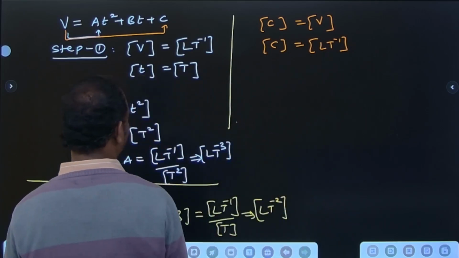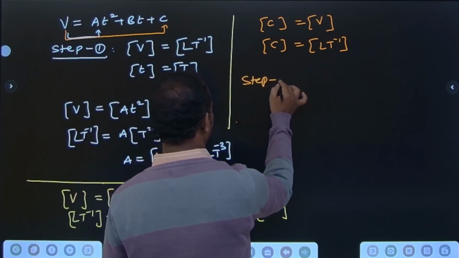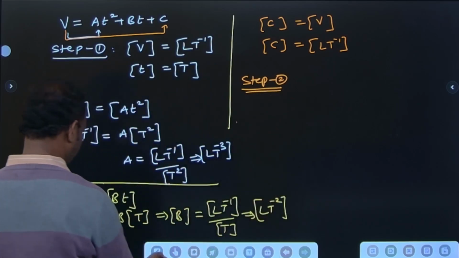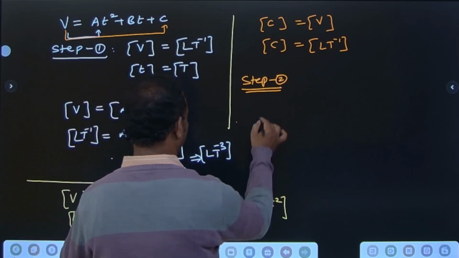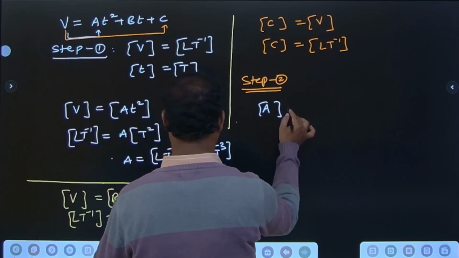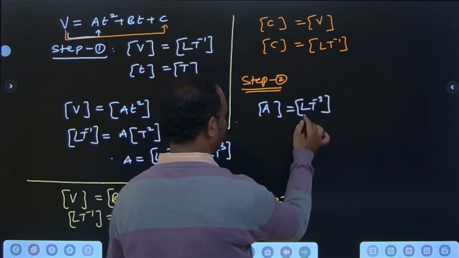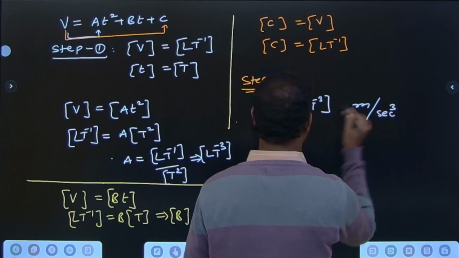Next we go for step 2: we write the units also. The dimensional formula of A is LT power minus 3, and its unit is meter per second cube.